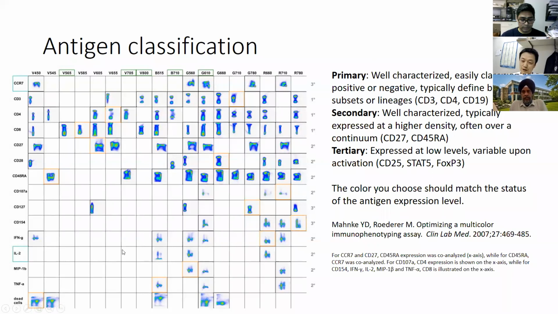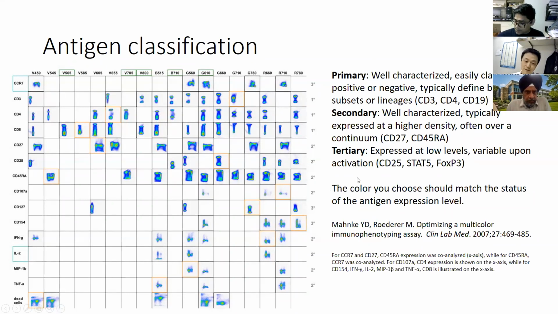So the figure here is from a paper I just found, and it shows you what these three categories of antigen levels look like. Something like CD3 shows a well-separated negative and positive. Secondary, CD27, you can see negative and positive, but there is always something in the middle.